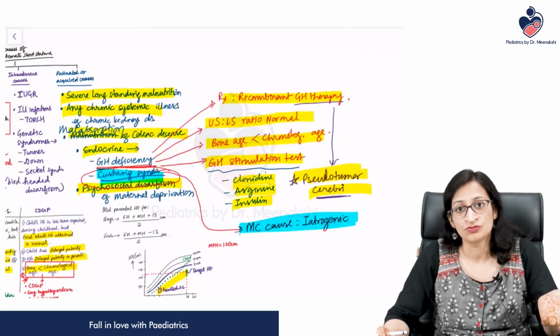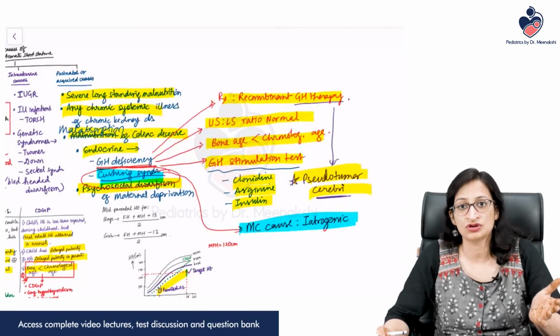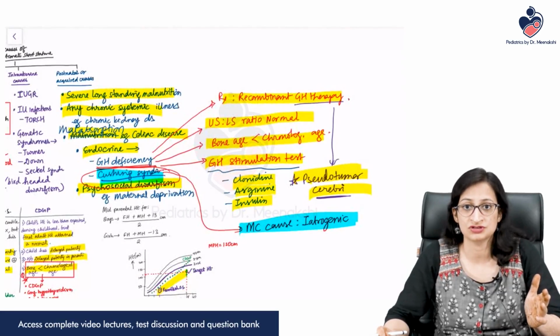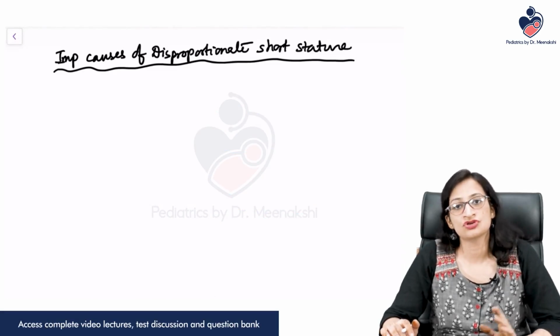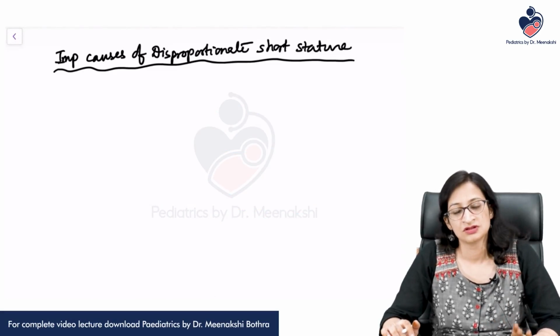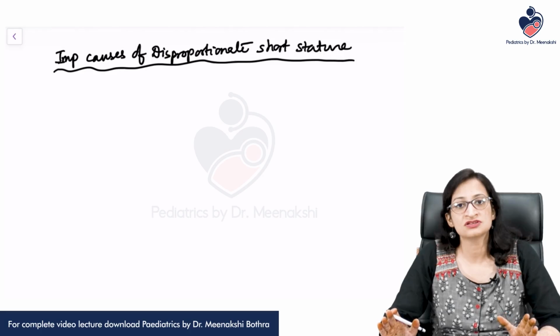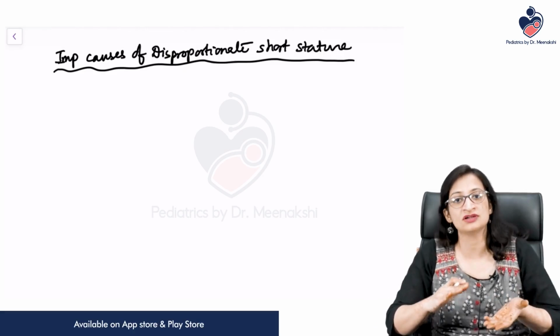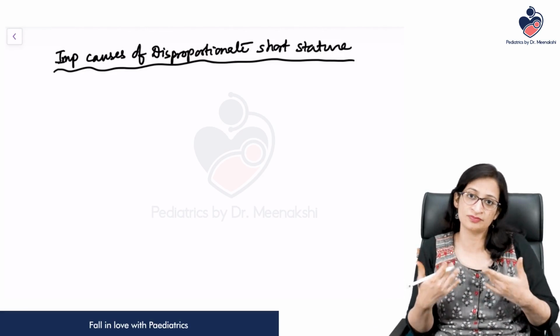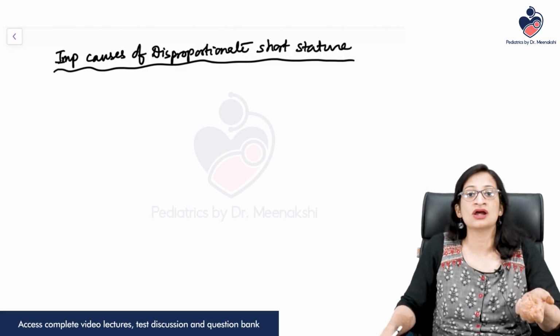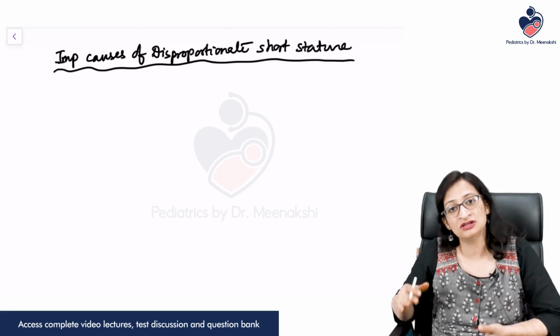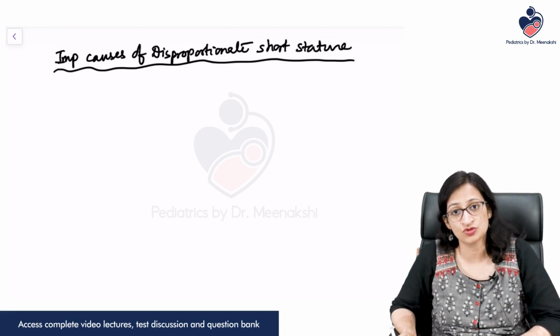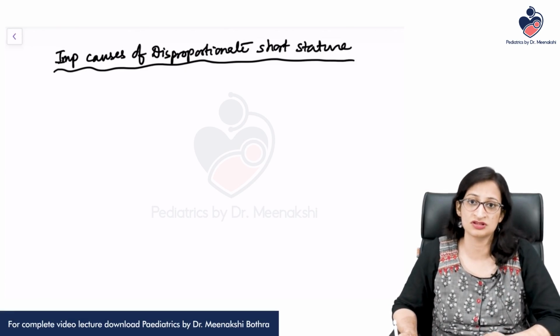So, now moving on to some important causes of disproportionate short stature. Disproportionate short stature can be classified into either short trunk dwarfism, where the trunk is disproportionately short but the limbs are normal, while on the other hand, it can be short limb dwarfism, where the limbs are disproportionately short and the trunk is more or less normal.